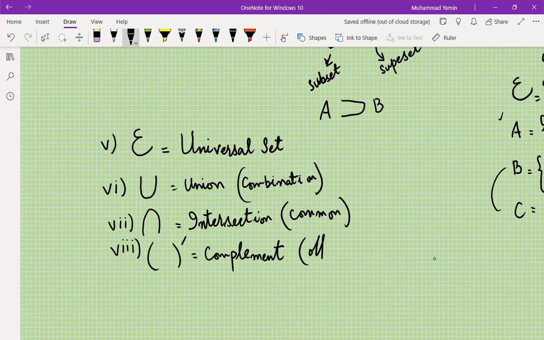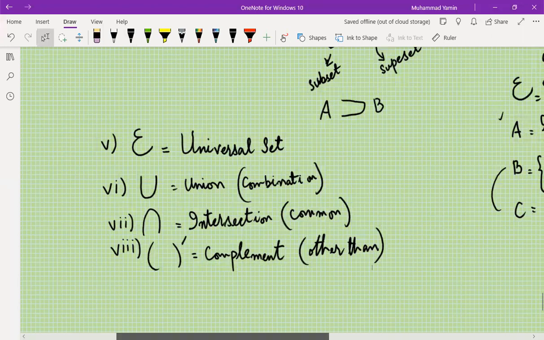Complement simply means other than. Easily see, it should be other than that value on which it is there.